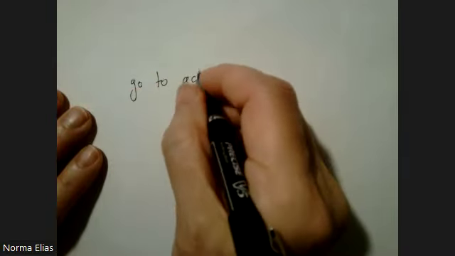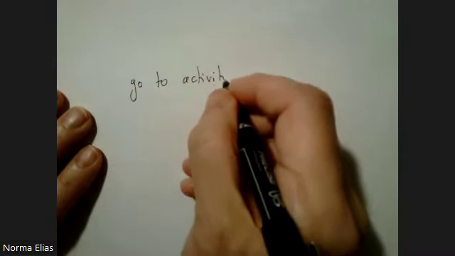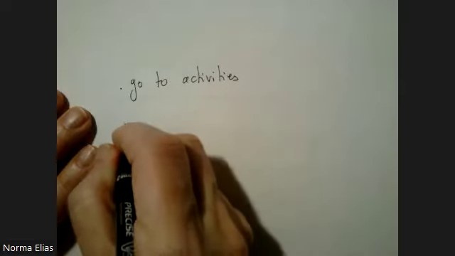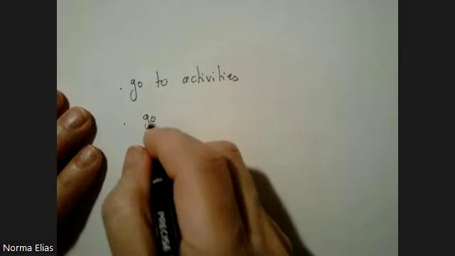Do you guys have Brightspace in front of you? Any question before I start? I'll pull it up. Hang on. Okay. So get Brightspace and go to activities in Brightspace. From the activity, go to assignment.